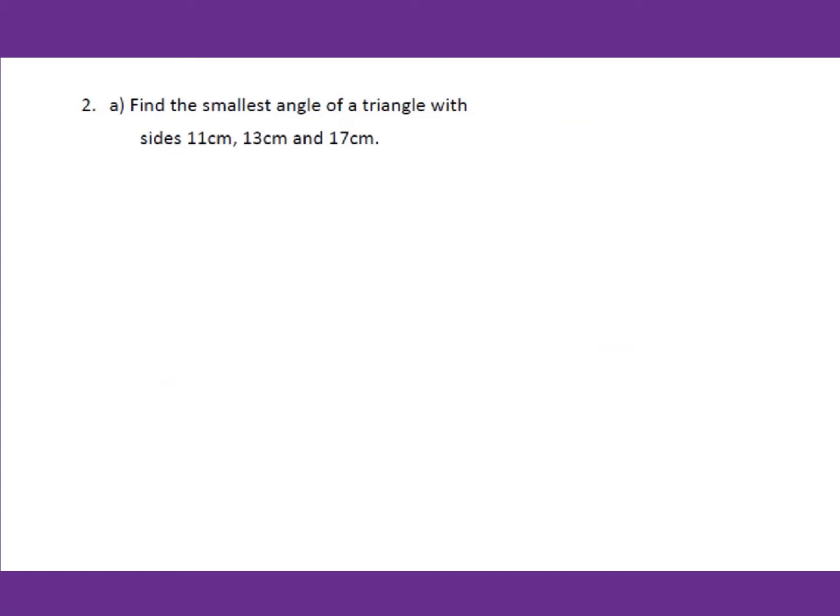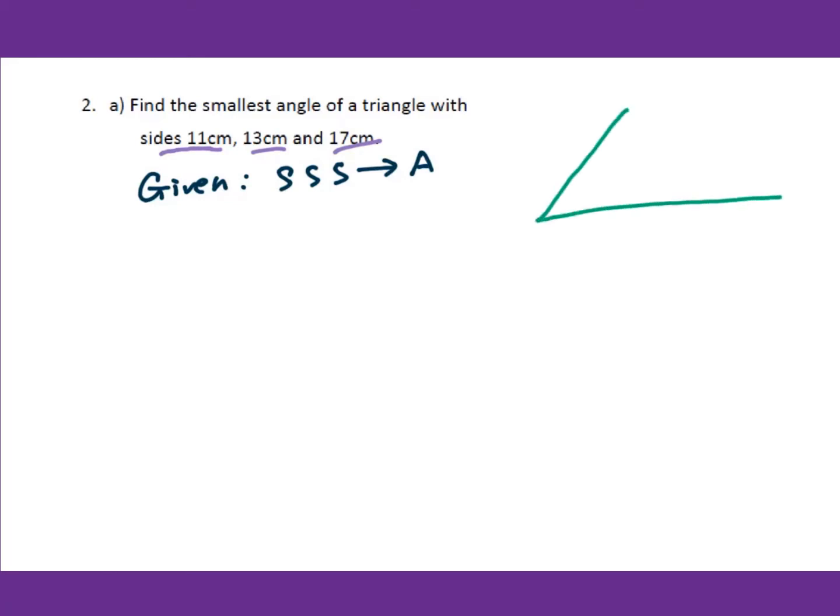For number 2, find the smallest angle of a triangle with the given sides 11, 13, and 17 centimeters. We are given 3 sides and looking for an angle. Therefore, we have to use cosine law. We draw a triangle.